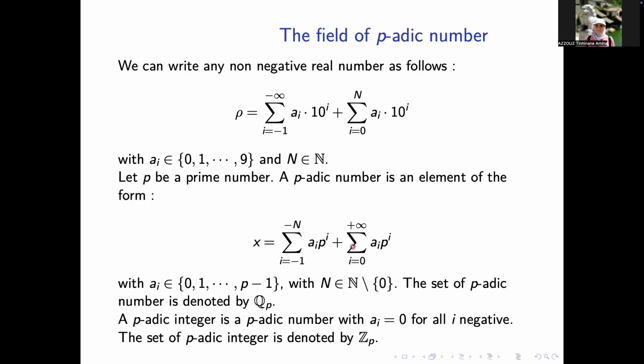Then the set of such elements is called the p-adic numbers, and we denote it by Q_p. And what is a p-adic integer is just when we suppress this part.